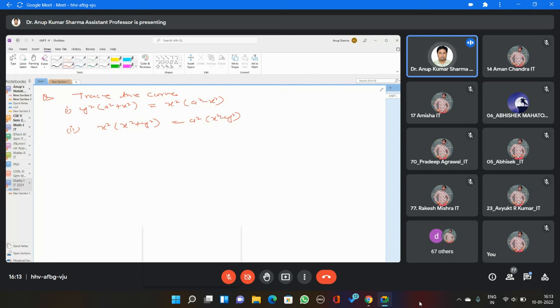And one more problem. Third number, we can trace the cissoid of Diocles: y square into 2a minus x is equal to x cube.